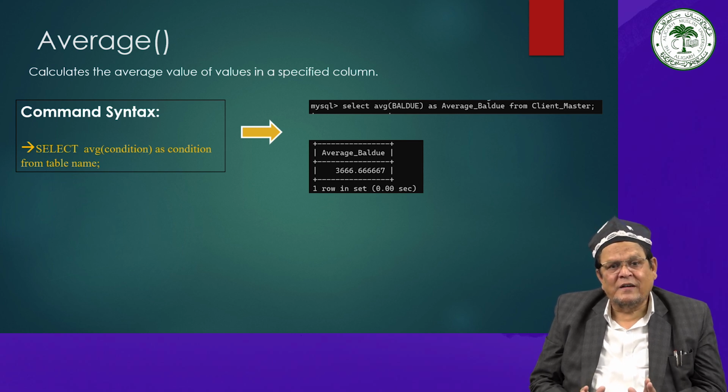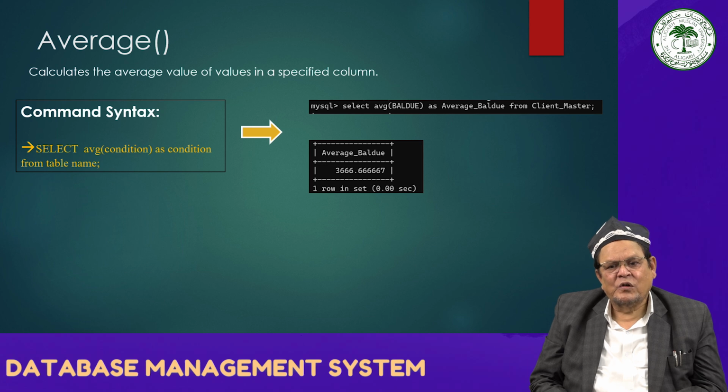So how will you write in the SQL statement? Select AVG, in the short form AVG, within brackets you specify the attribute name balance due as average balance due from client master. When you press, it will show the result like that. Average balance due is 3066.6667. So the average will be like that.